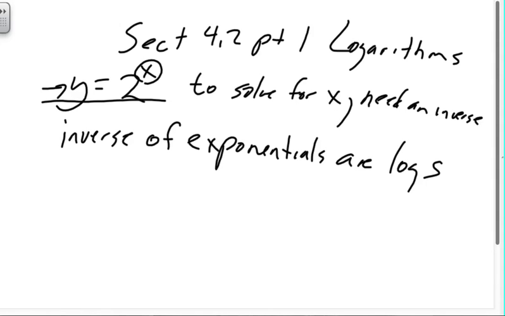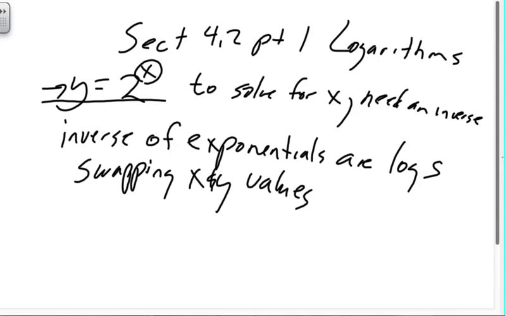And that's what we're going to be dealing with here. Now, since logs are inverses, like anything else, we're going to be swapping x and y values.